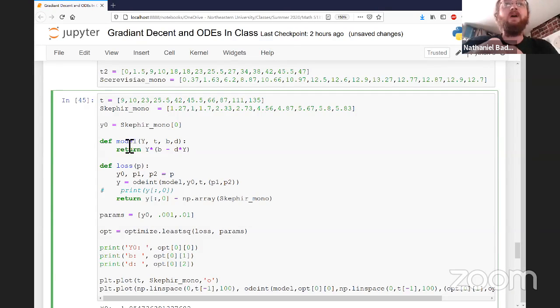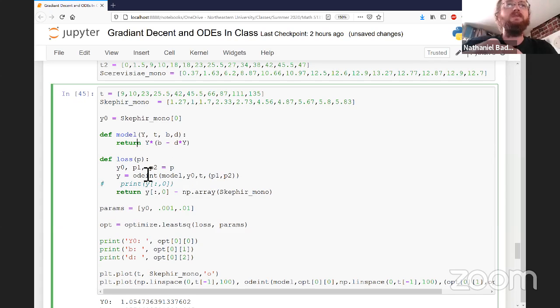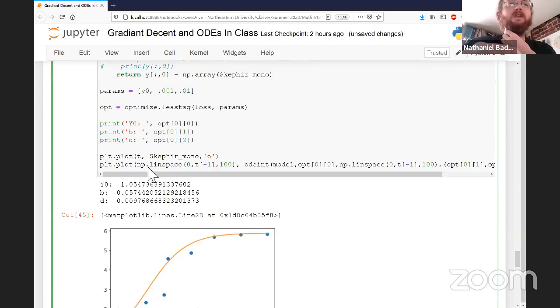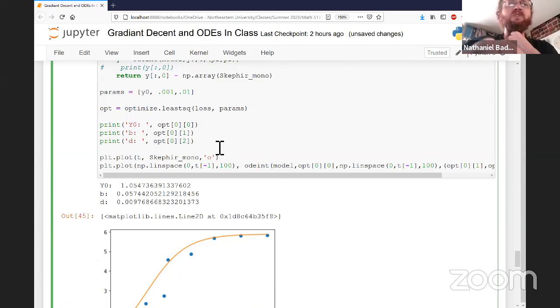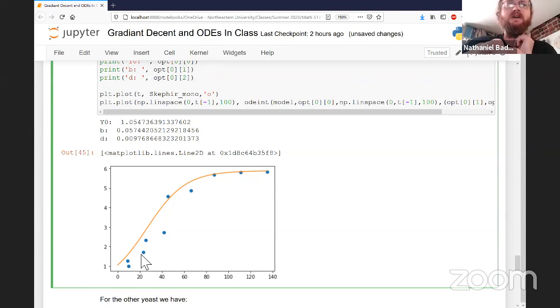But the model is just the simple logistic model, y times b minus dy. I do exactly the same thing. The only difference is I'm also going to let it fit the starting value. The reason is that the data is a little bit noisy.